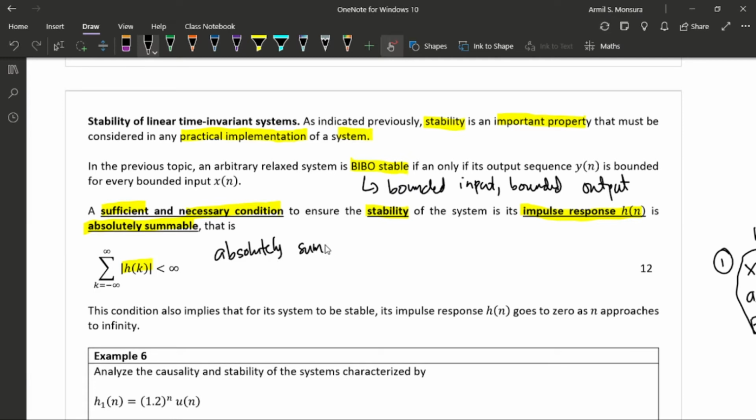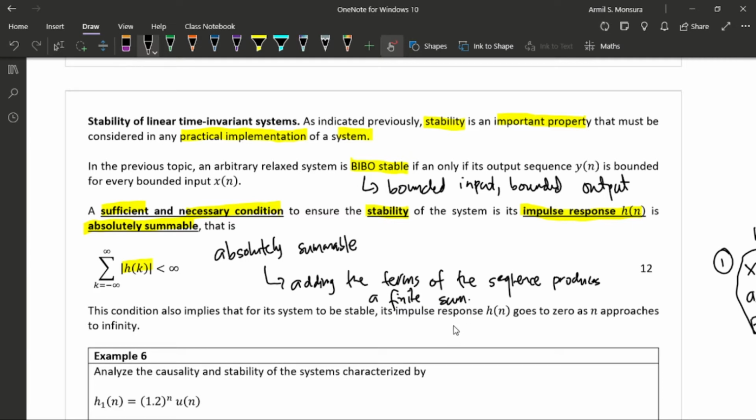So when you say absolutely summable, it means that adding the terms of the sequence produces a finite sum.